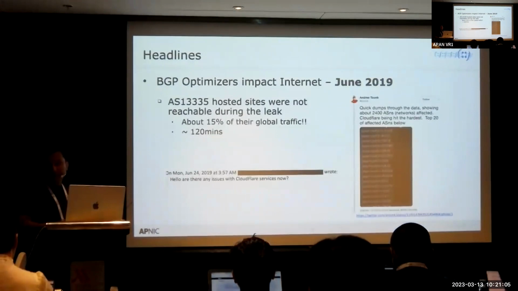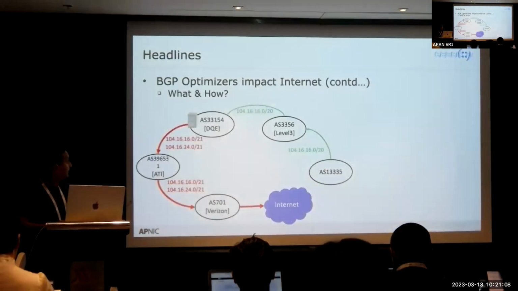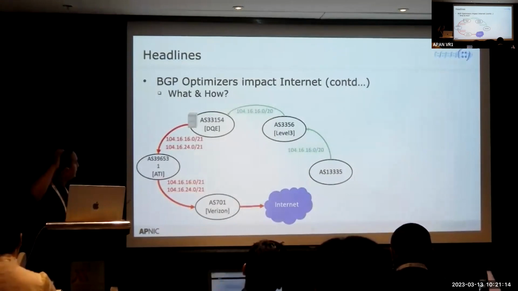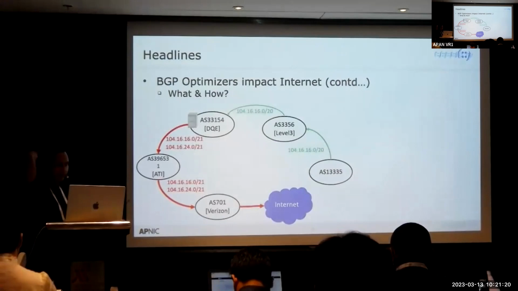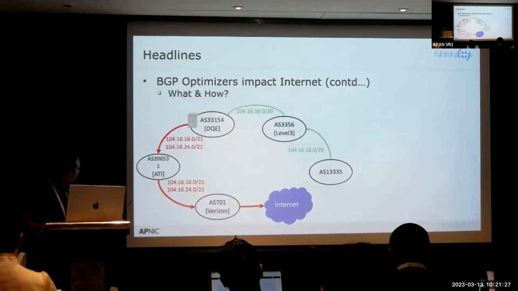So it's basically like you have a /20, Cloudflare is advertising a /20, and you're propagating over Level 3 3356. And again, there is 33154, which is actually the network that's affecting that route, right? So it's basically breaking down a /20 into /21s, and inserting its AS number into the path, right?